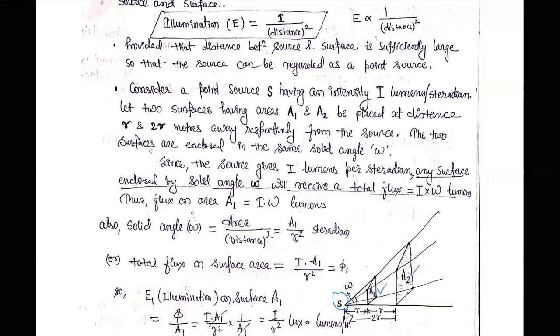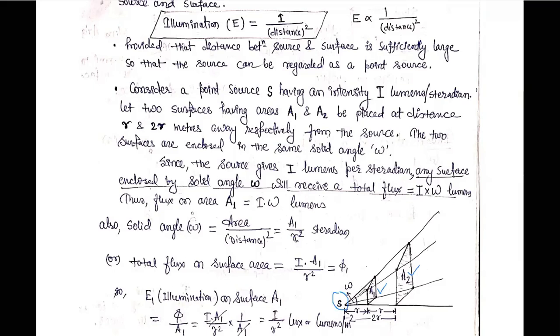So according to inverse square law, what should happen? Illumination at this surface having area A1 is inversely proportional to 1 upon R square. Illumination is inversely proportional to the square of the distance between the source and the surface.